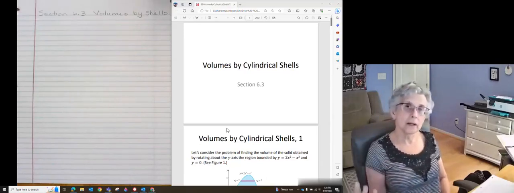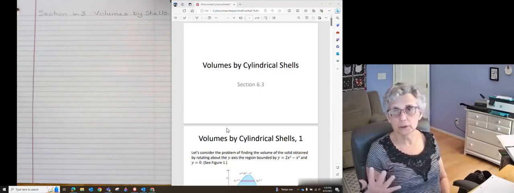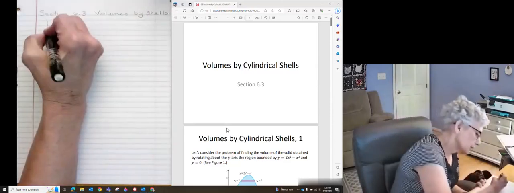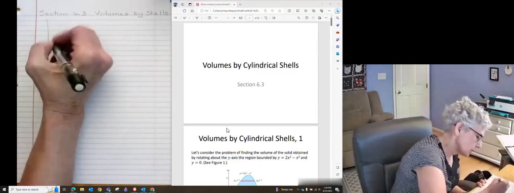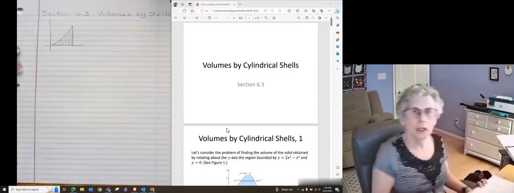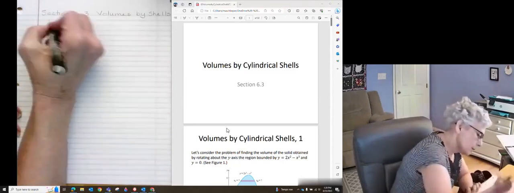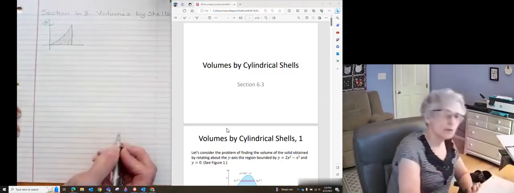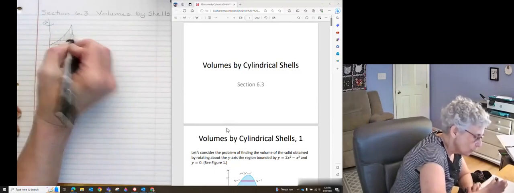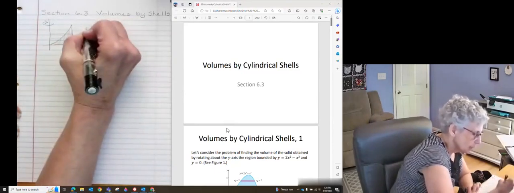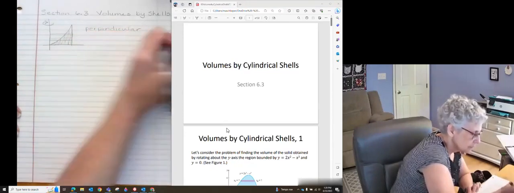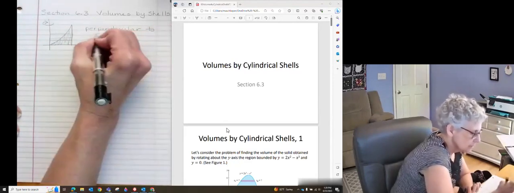This section is just another way of finding volumes of solids of revolution. So in Unit 6.2, we would have a region, and let's just make a generic region here. And if I were revolving about the y-axis, I would make slices this way along the y-axis, so perpendicular to the axis of rotation.